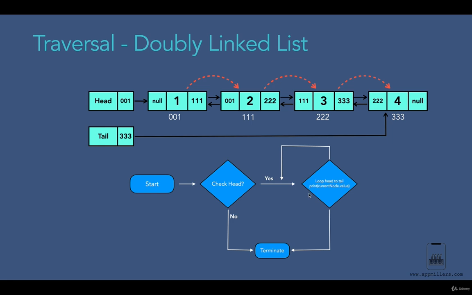When we reach the last node, we terminate our algorithm. As you see over here, the steps are the same as with the single linked list. There also we visited all nodes and printed out their values to the console, and here the traversal is the same. Now based on this logic, let's see how this works in practice.